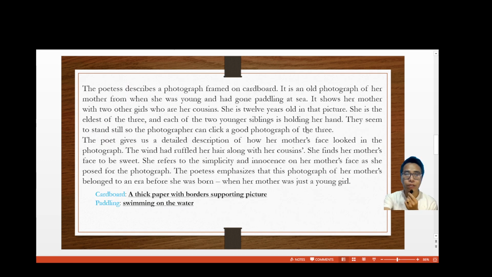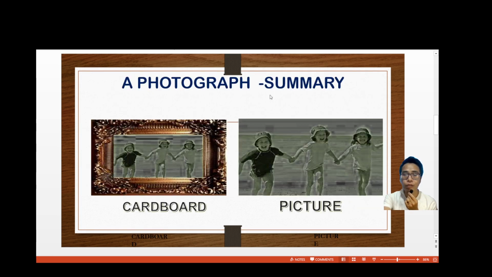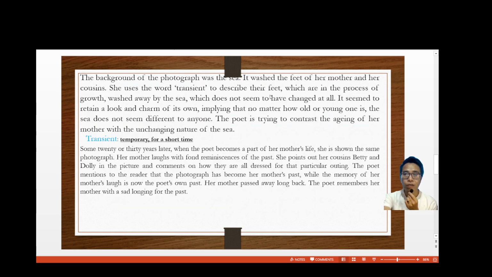Okay, now let's see here. The background of the photograph was the sea. You can see in the picture also. Easily we can see the background of the photograph was the sea, and also it was the feet of her mother and her cousins too, because they were paddling on the sea. The poetess uses the word transient.